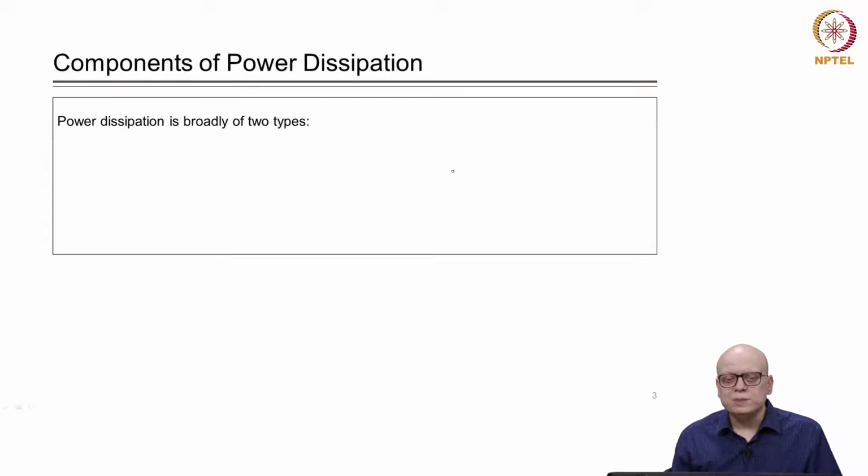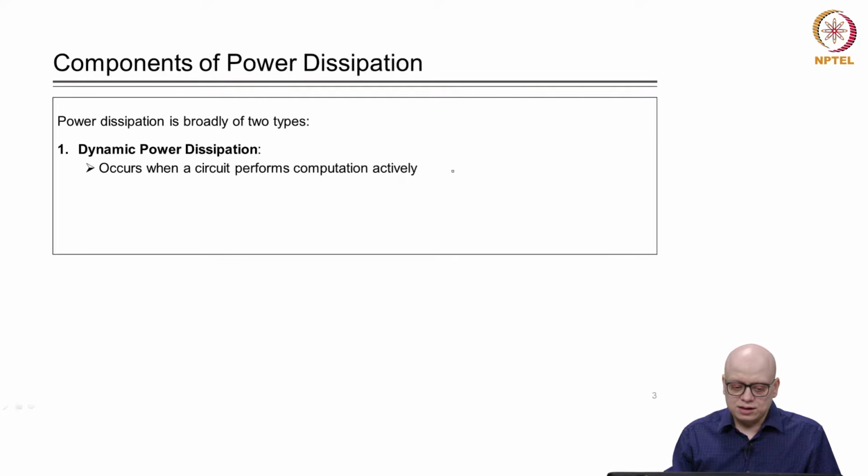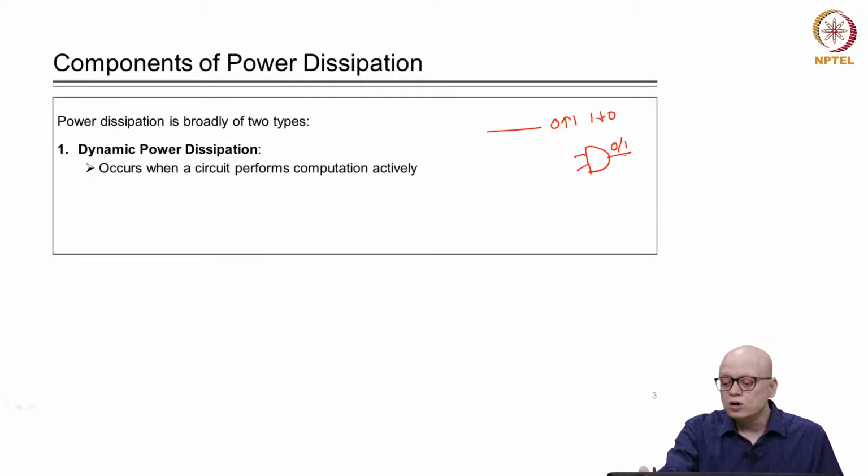The power dissipation in a CMOS circuit can be broadly classified into two types. The first one is dynamic power dissipation. Dynamic power dissipation occurs when a circuit performs computation actively, meaning that in a circuit the signals are changing. It may be a signal or a net whose value is changing from 0 to 1 or 1 to 0, or there is some logic gate and its output is toggling, maybe from 0 to 1 or 1 to 0.